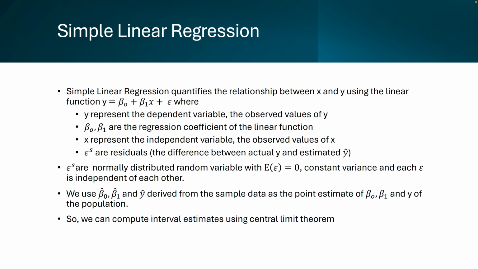And this we estimate using the data available to us, and we are estimating these for the population. So we determine the estimated beta naught and beta 1. X represents the independent variable, the observed values of x, and epsilons are the residuals.